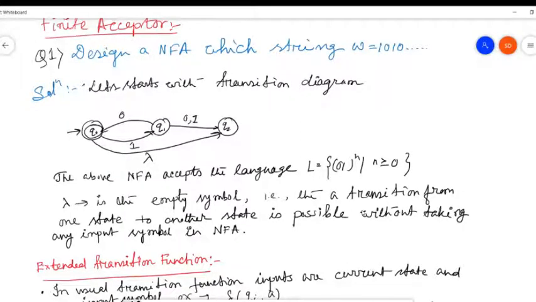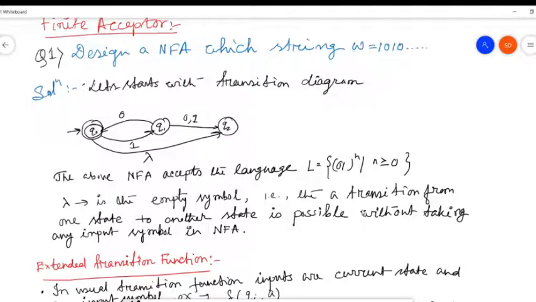So we always have a 101010 type of sequence, and it will be accepted. Then we can go by a lambda transition to Q0, and again from Q1 to Q2 taking any number of 0s and 1s.